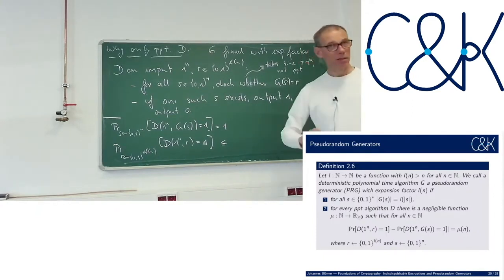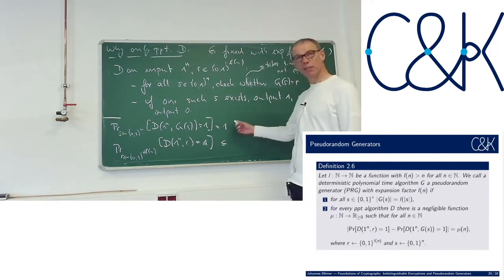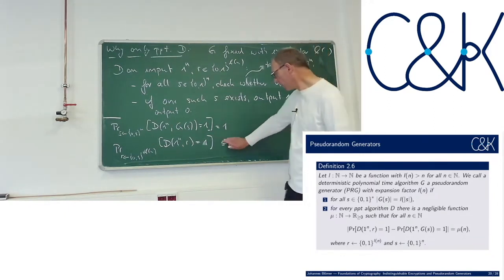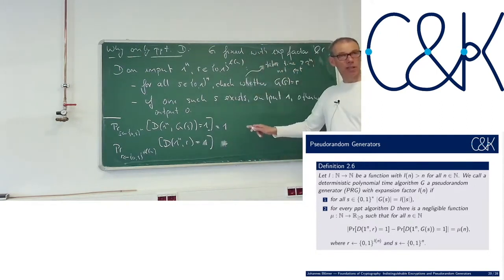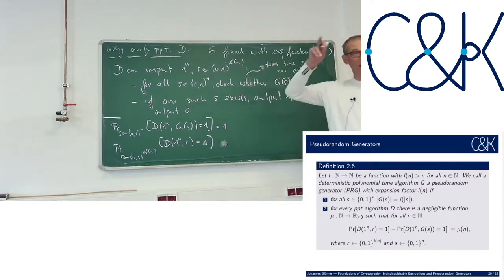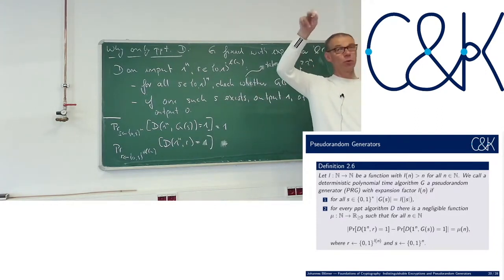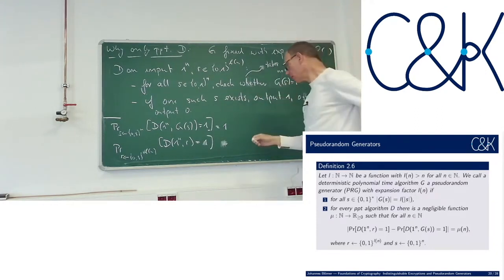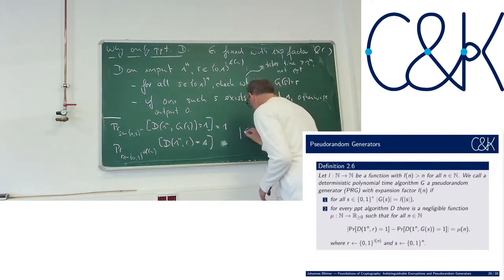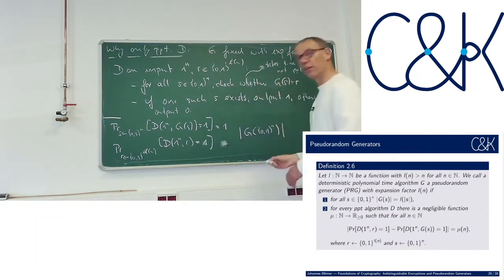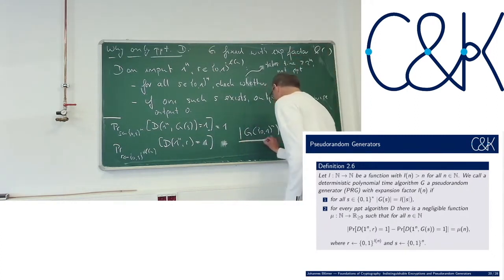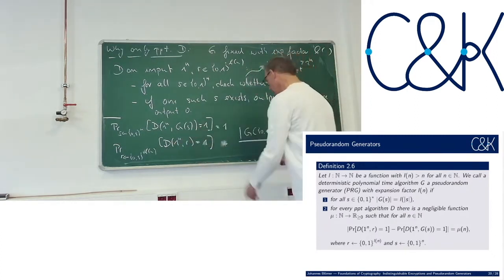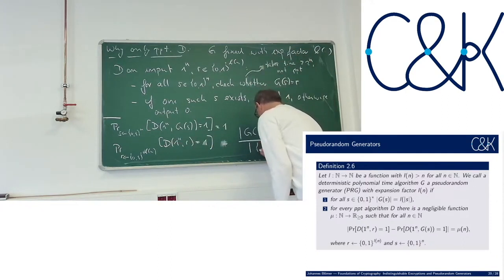It outputs 1 exactly for these elements of G of 0,1 to the n. Exactly on these things it outputs 1, divided by the size of the set.